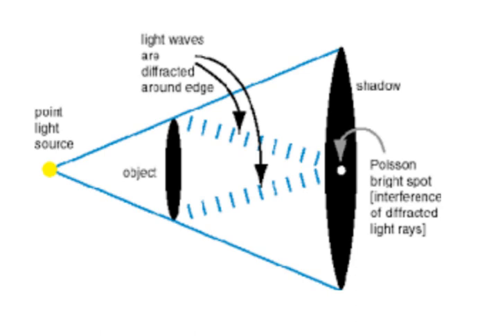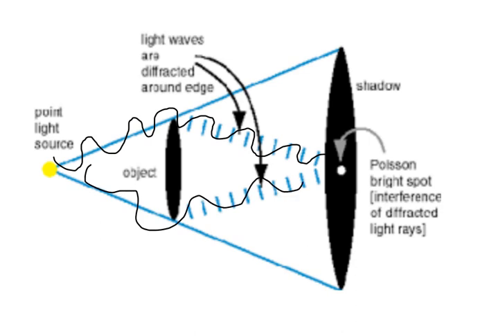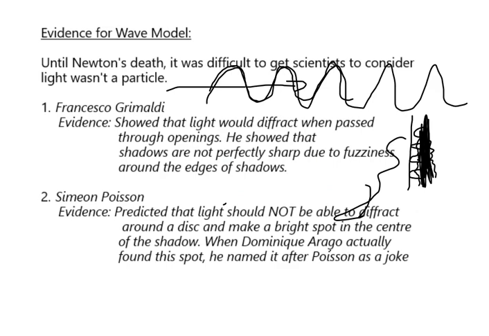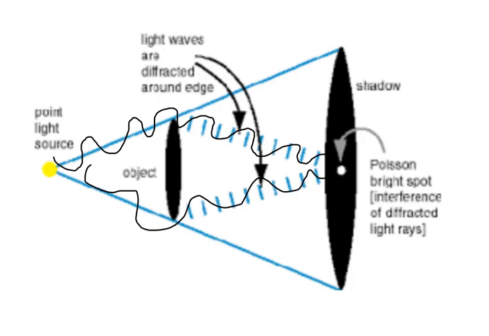And they can actually meet up in the middle here, and you can actually see this little bit of light right here in the middle. So Poisson figured, no, that's never possible. And when, what's his name, Arago eventually found it, he named it after his buddy just to make fun of him because he was wrong. So this is actually evidence that light can bend around an object due to wave-like properties. We're going to talk more about this in the course. If it doesn't really make sense right now, that's fine. I'm doing an intro day today.